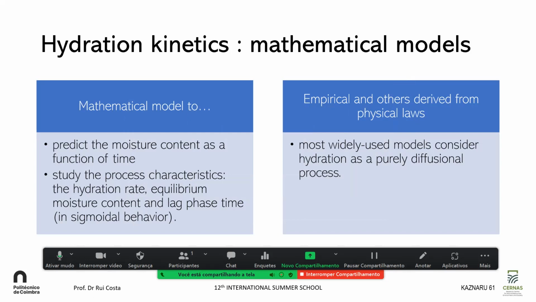These mathematical models are usually of two types: empirical, where we can use any mathematical equation, or based on physical laws that usually consider the process as diffusional or capillary flow. I don't know if you are familiar with it, so I will not extend a lot on this.